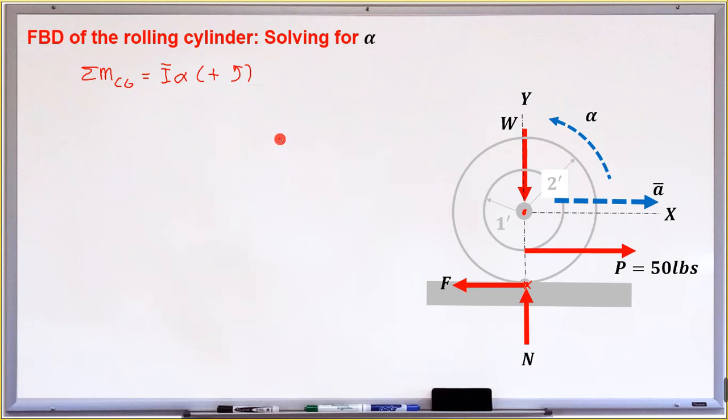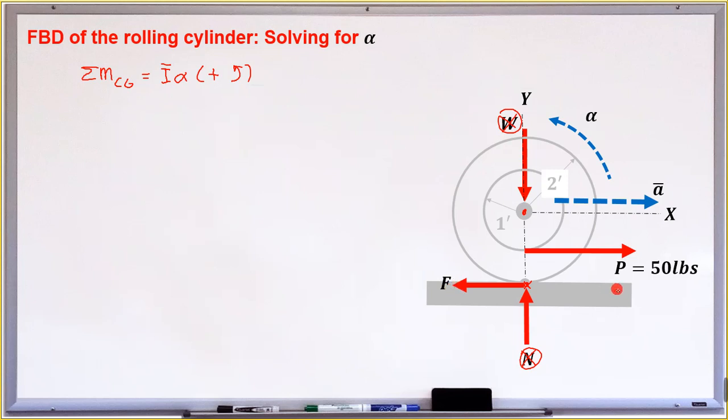Now, we need to pinpoint those forces that will not cause any moment on our system with respect to the center of gravity. That is the weight, which acts directly at the center of gravity, and also the normal force. So those two are eliminated. The only forces that cause a moment with respect to the center of gravity are the applied force P and the frictional force Fk, because we already solved for its value from the previous slide.